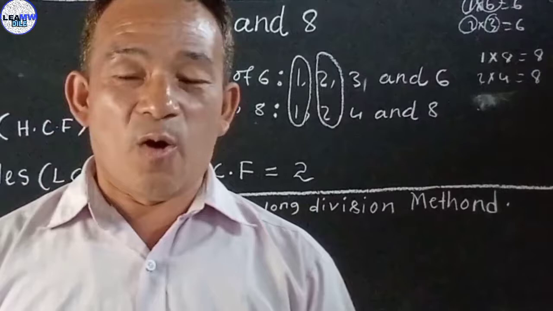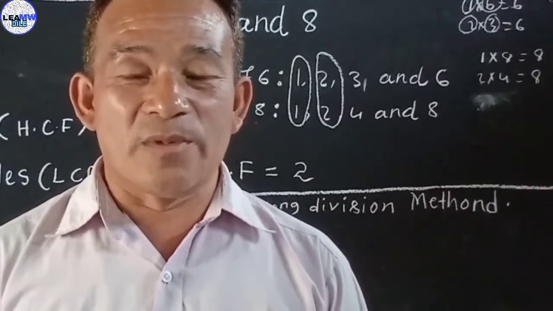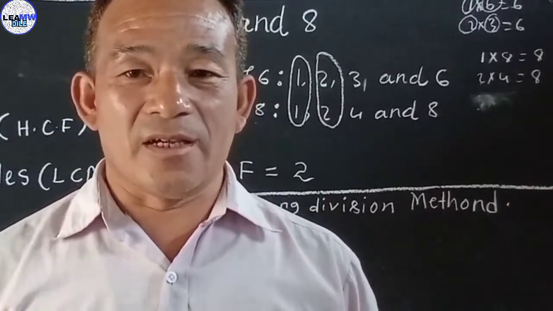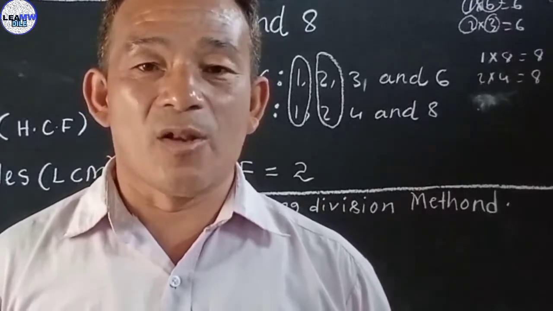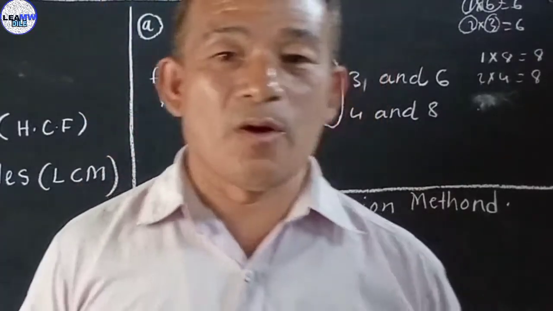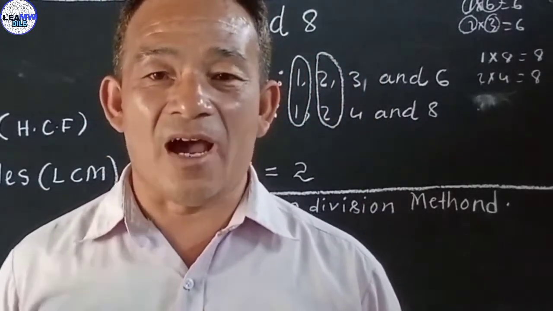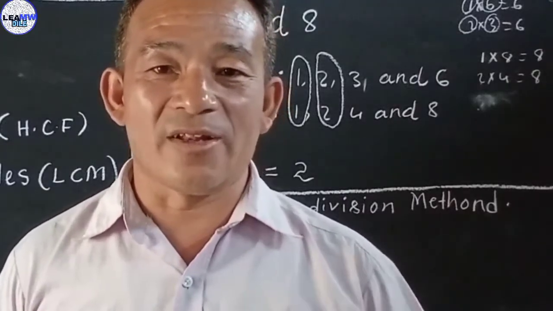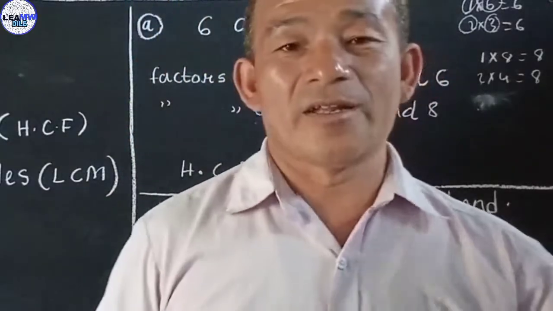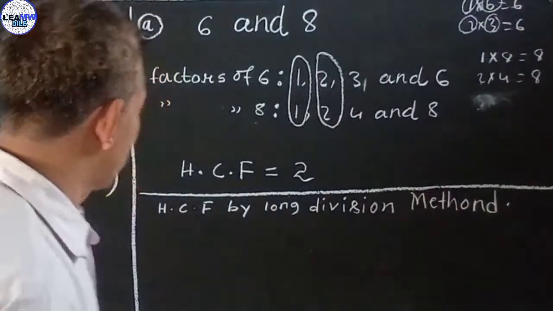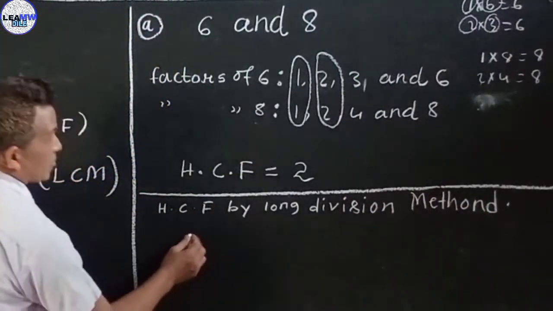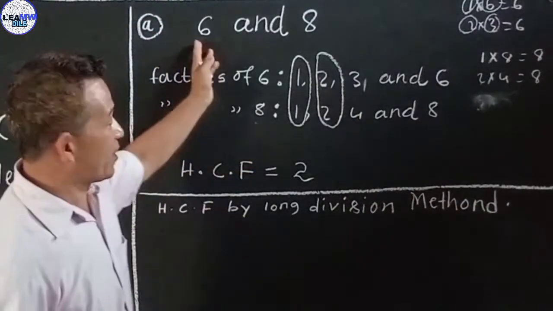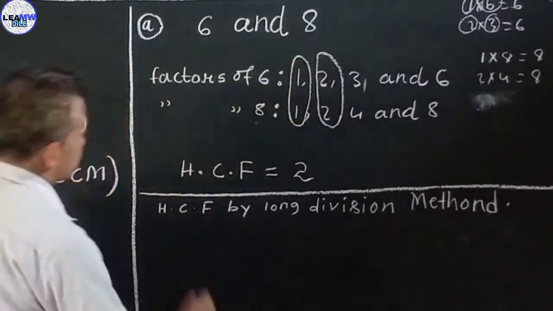Students, we can also find the HCF of given numbers by applying the long division method. So what is the long division method, and how do we find the HCF by it? I am going to take the same numbers, 6 and 8.